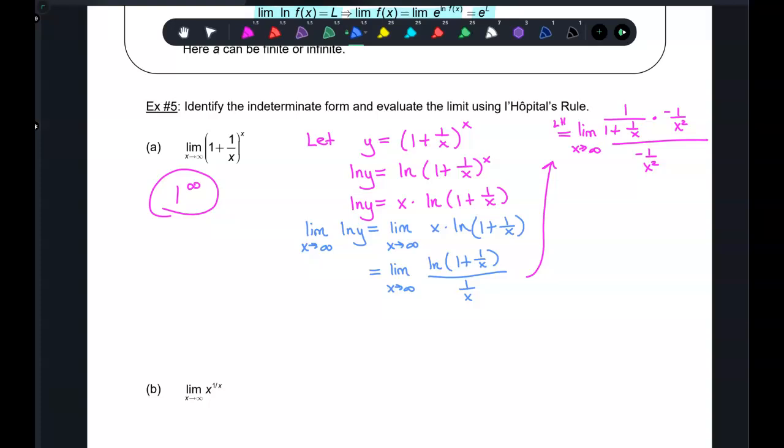That trick is going to happen a lot. If you have x times something, rewrite it as 1 over x in the denominator, and you'll notice those are going to cancel. And what do we get?